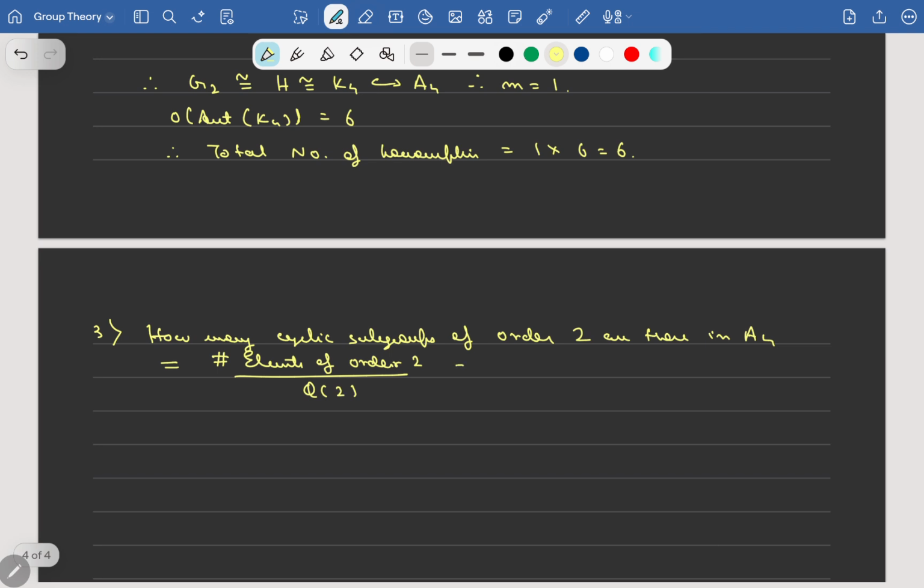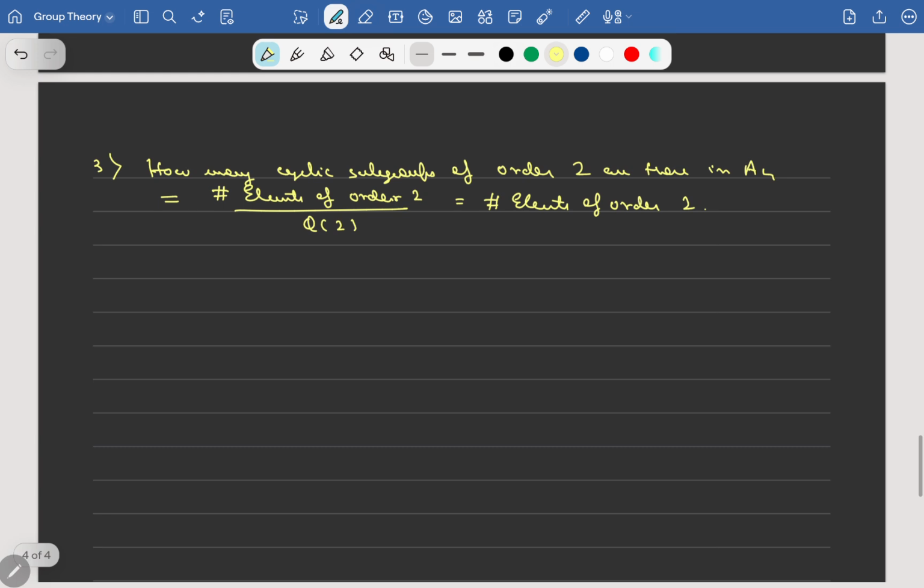But phi of 2 is 1, right? So it's just the number of elements of order 2. So I need to find the possible number of elements of order 2 in A4. So let us just count the number of elements of order 2 in S4, and then we'll check which of them are even permutations, and we are done.